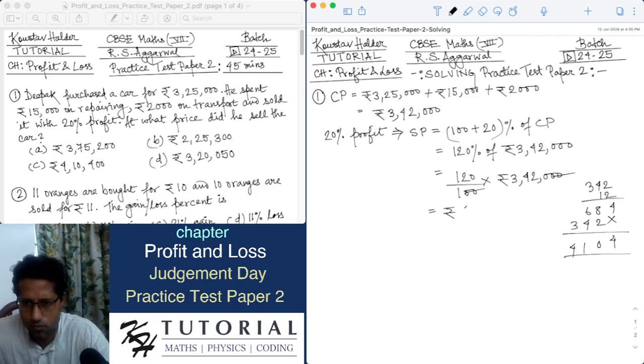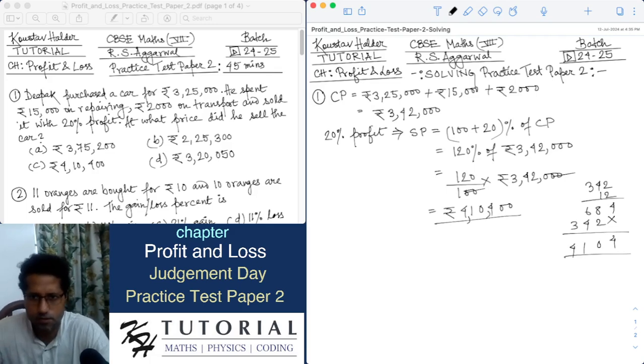So this should be 4, 1, 0, 4, and then 2 zeros. So this is 4 lakh 10,400. This is the selling price, the price at which Deepak sold the car to make a profit of 20%. So the answer is choice C.